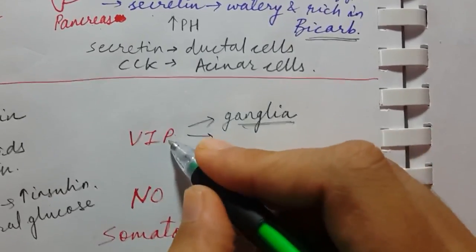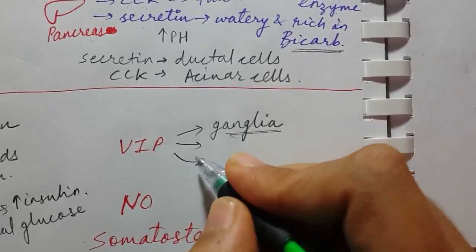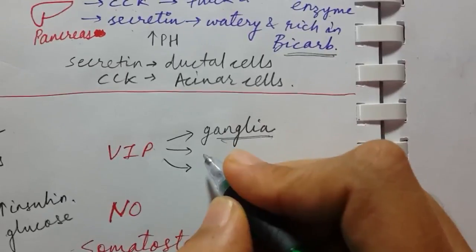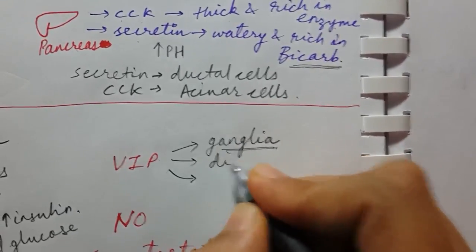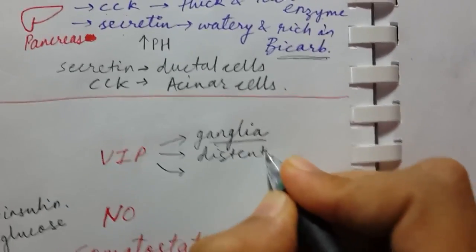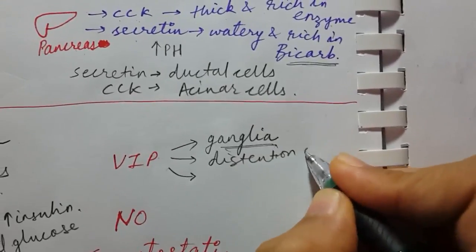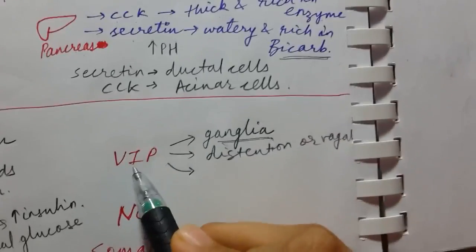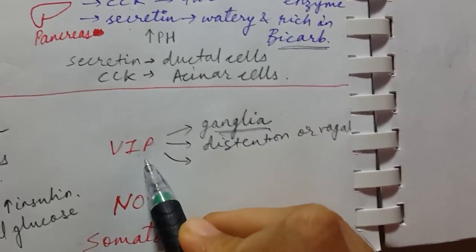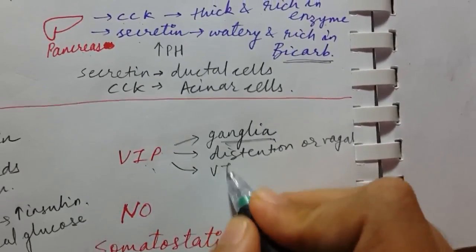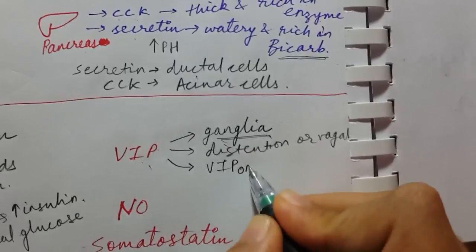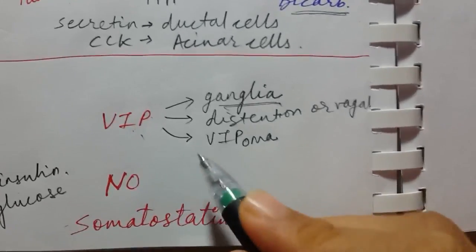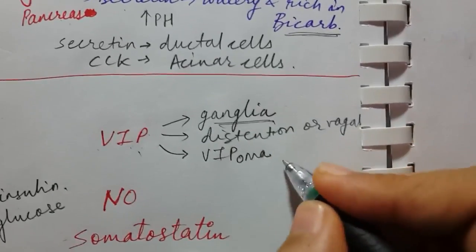Now the factors that regulate VIP are very similar to the factors that regulate gastrin production. So whenever there is distension, or there is vagal stimulation, there will be an increase in the production of VIP. And the third thing is VIPoma, the tumor which produces VIP.